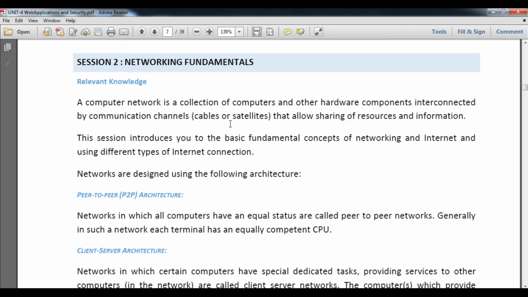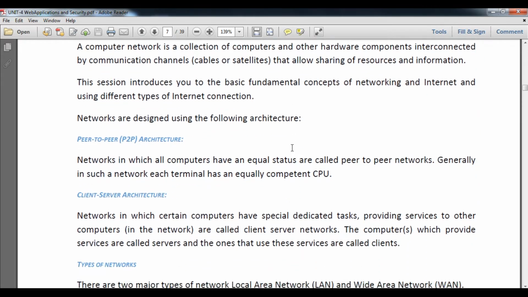So a network is a group of two or more computers and computer-like devices or hardware components which are interconnected to each other via cable or wireless devices, and that allows them to share information and resources also. In this session, we will understand the basic fundamental concepts of networking and the internet using different types of internet connection. So let's begin.